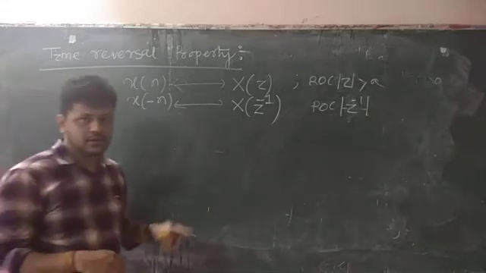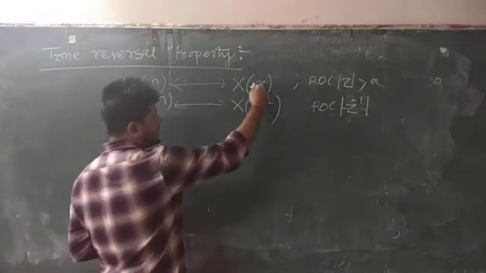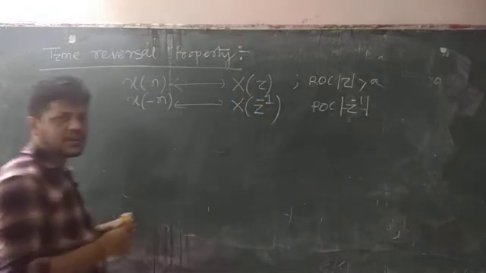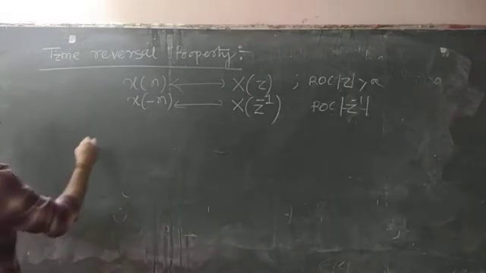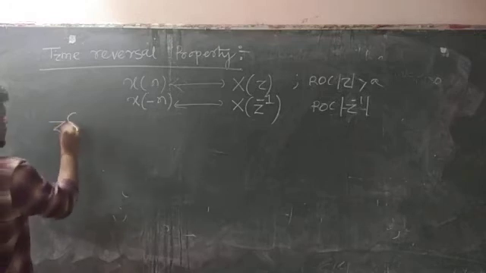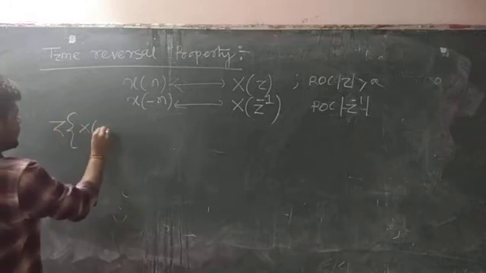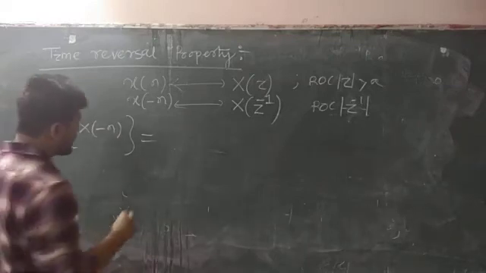Reversal in the time domain is inverse in the z domain; wherever we see z, we replace it with z inverse. When we solve one problem, you will have clarity. First, we have to find the Z transform of x of minus n, and I am going to prove it.